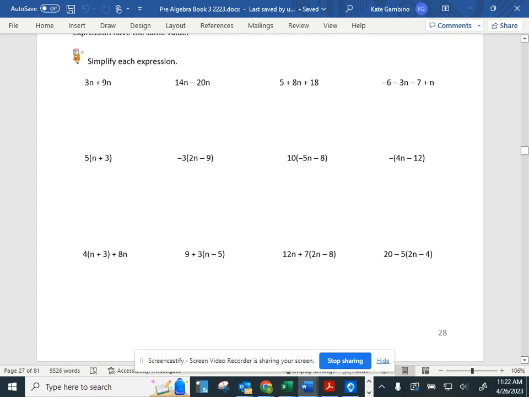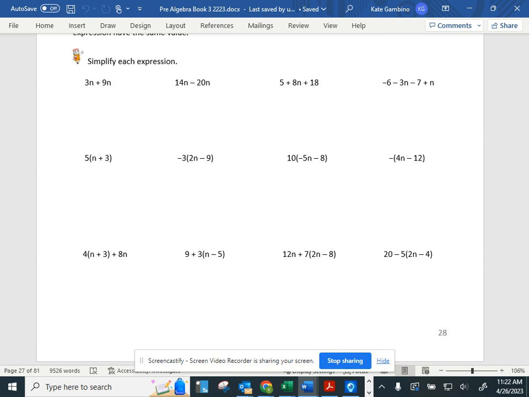What we did yesterday, you're just combining like terms. On the bottom here where we have parentheses, you're using that distributive property. So 3n plus 9n, what are we combining? Yeah, the positive 3 and positive 9. That's all we have to do.